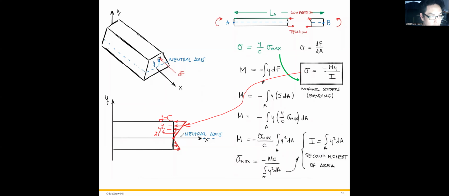So it's the normal stress distribution above the neutral axis. The same thing we can work on the component below the neutral axis, and we get the stress distribution below the neutral axis is tension. Okay, is tension.